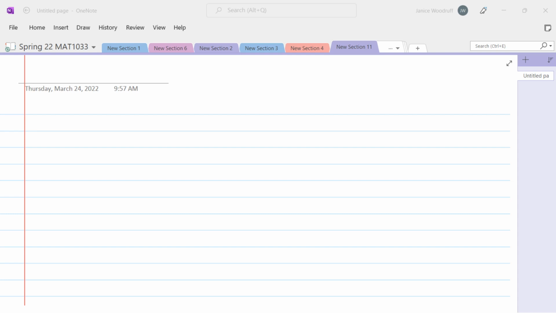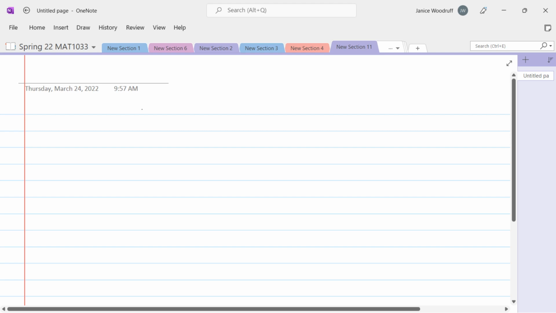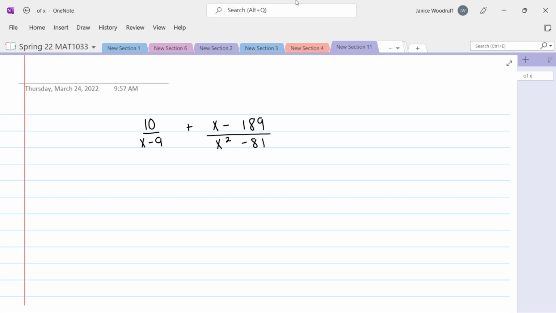I'm trying to find one that comes out nice and concise, but it looks like a lot of them don't. Maybe this one. All right, so you got 10 over x minus 9 plus x minus 189 over x squared minus 81. Okay, try that one.